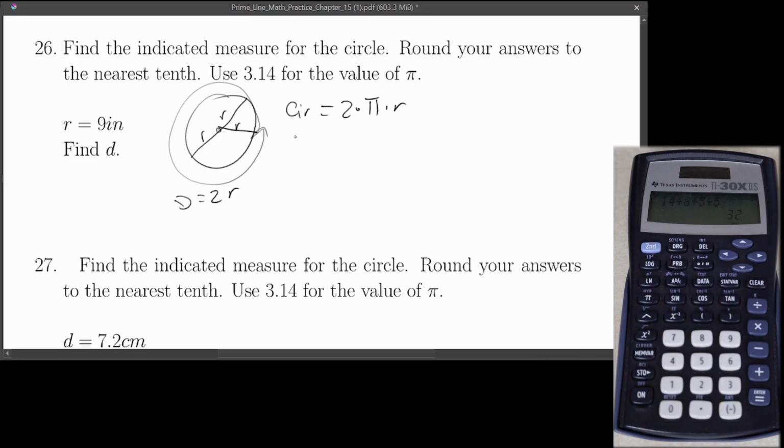And if we want the area of a circle, that is pi times the radius squared. So we're going to use those basic equations to work off of it. So our diameter here equals 2 times our radius, in this case 9, which gives us 18 inches.